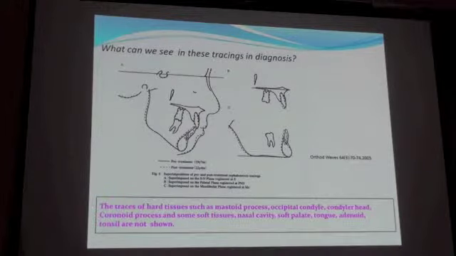I think if we take cephalometrics, not just to take points and lines, should we get more information from one cephalometric radiograph?